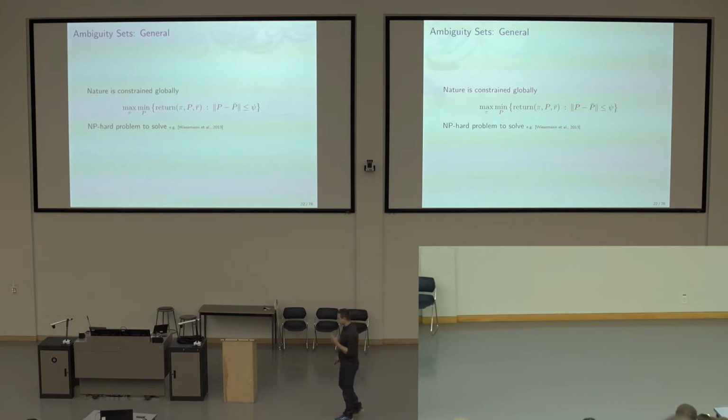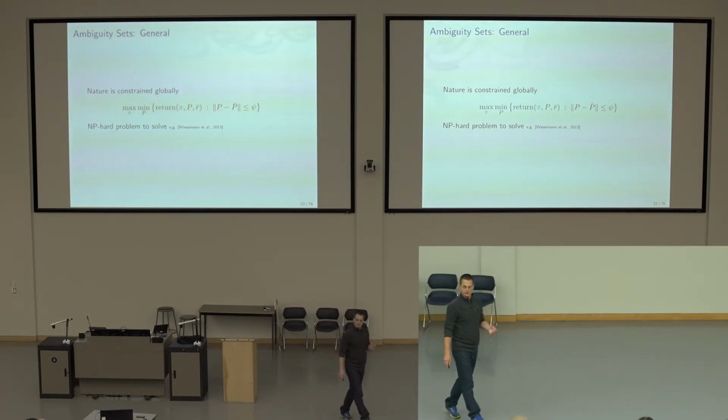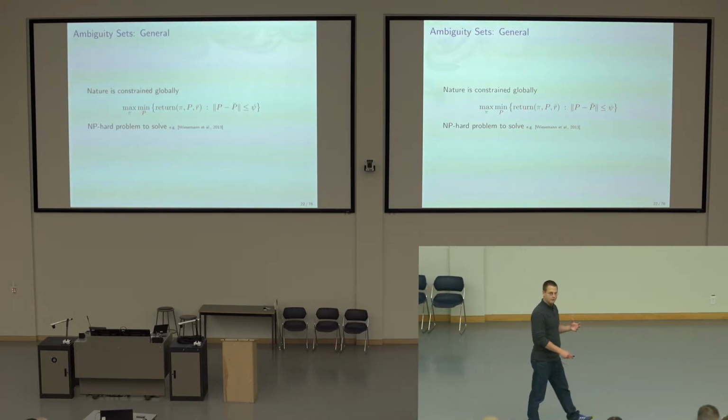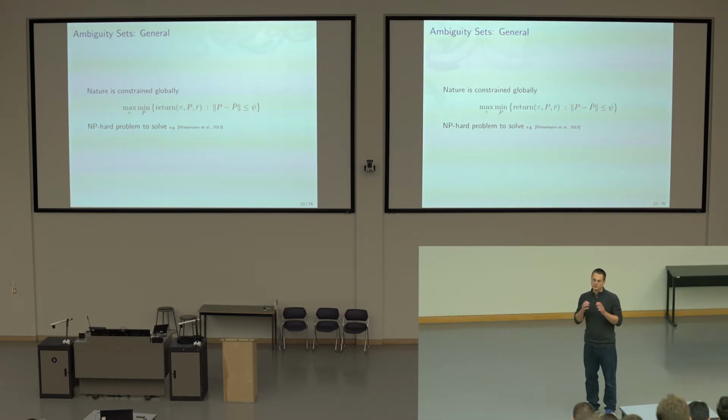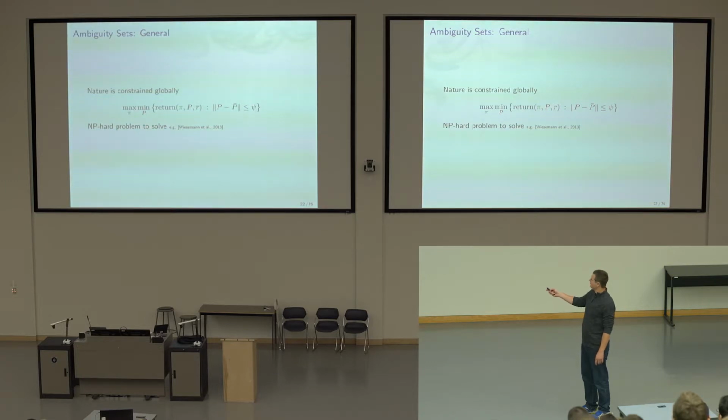So we talked about these general ambiguity sets. And we know that solving this robust problem for them is NP hard. So what we're going to do, we're going to make some assumptions to simplify this problem. So in the general setting, I'm constraining my nature across all states and actions.